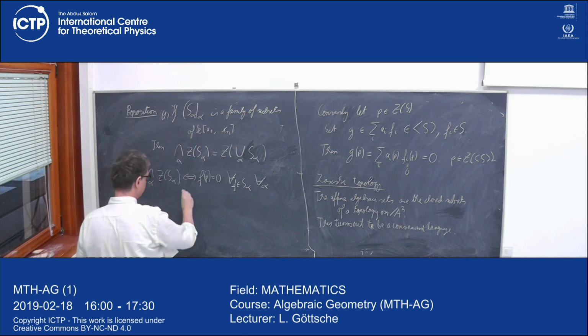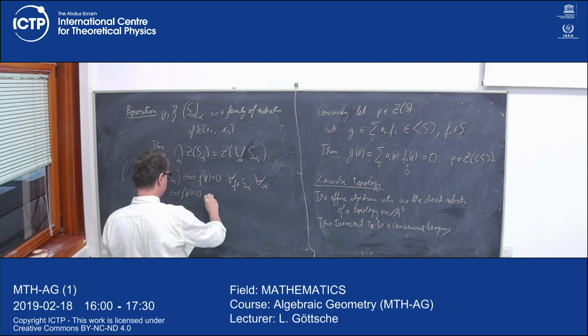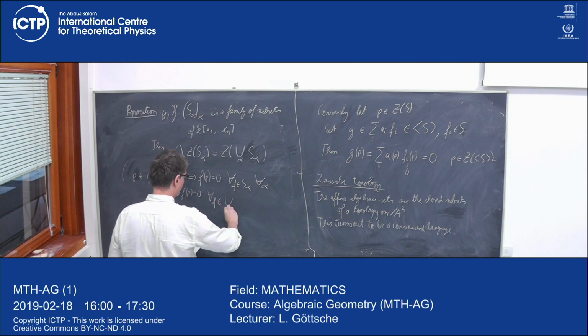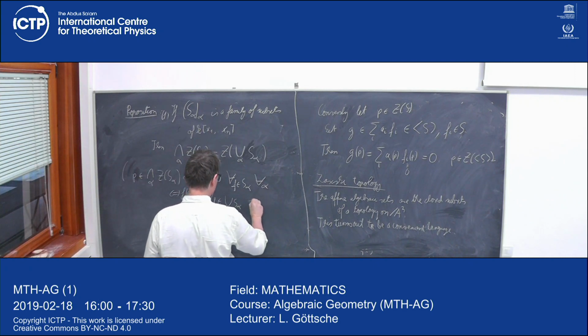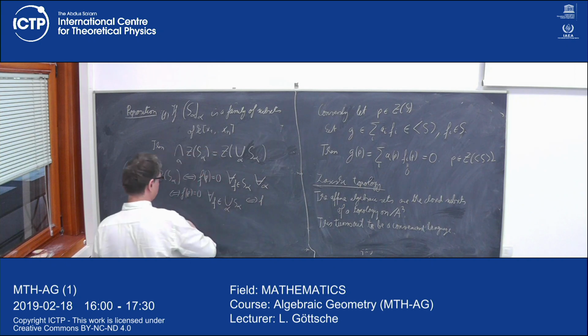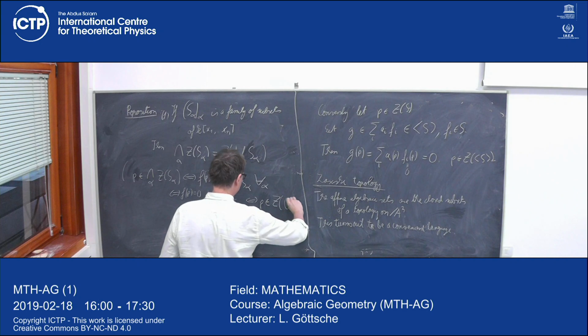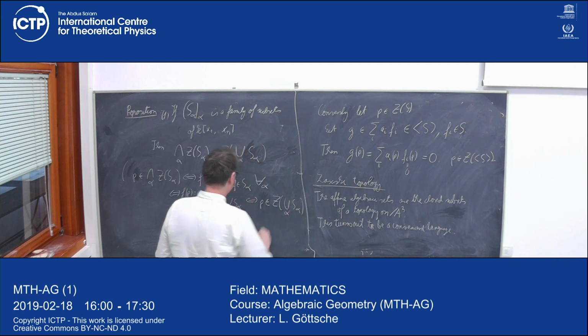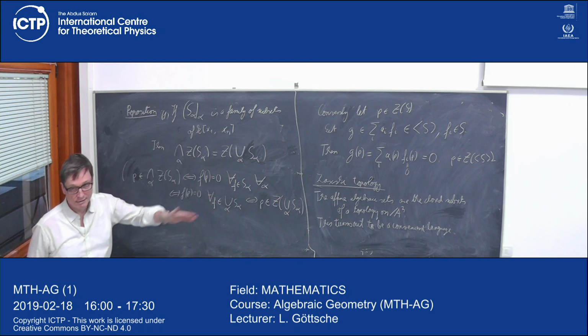But this is the same as saying that f(p) is equal to 0 for all f in the union over all alpha of S_alpha. It's just the same thing. And so p is in the zero set of the union over alpha of S_alpha. Okay? So this is a triviality.